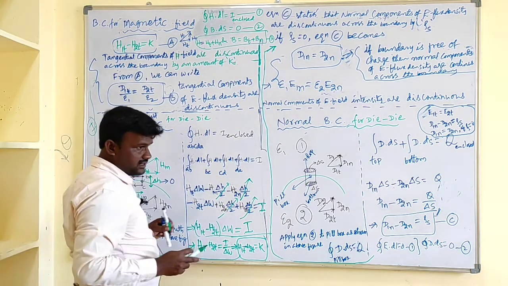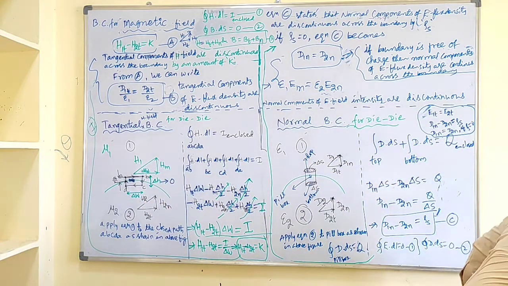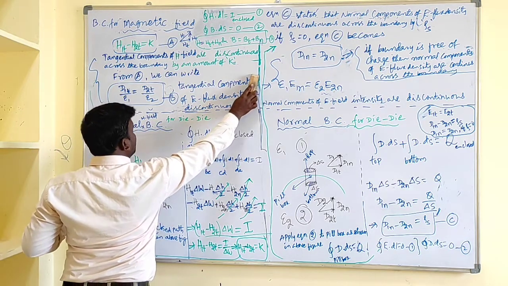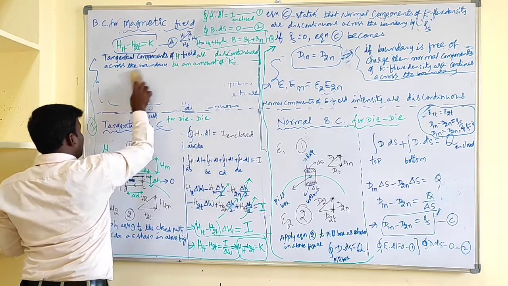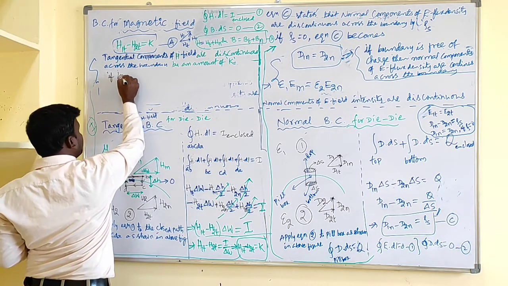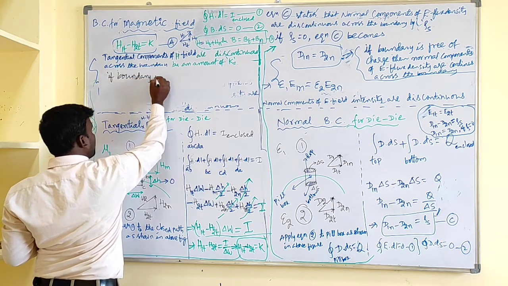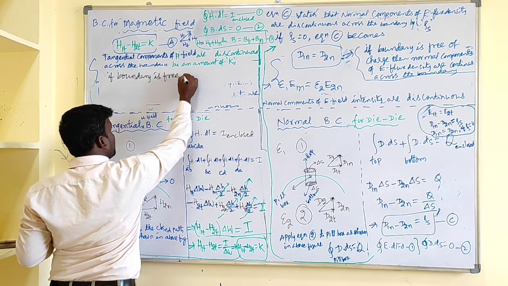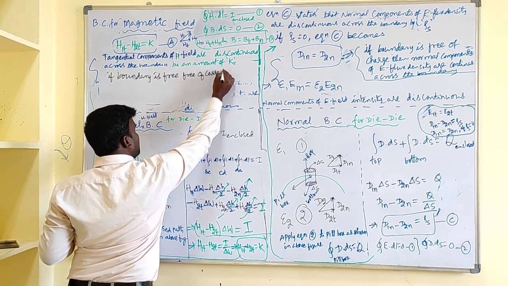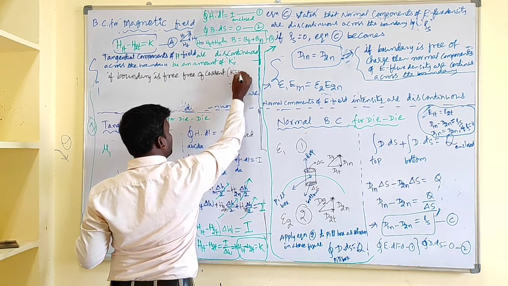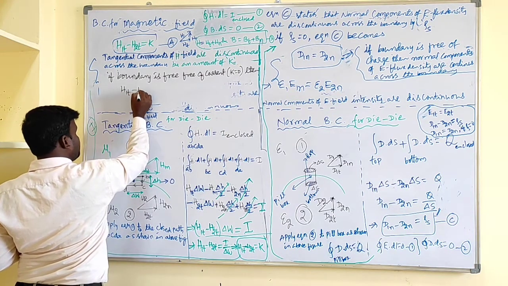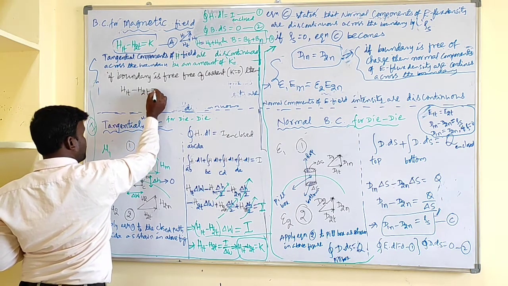So this is one special case, where H1t minus H2t equal to K. If the boundary is free of current, we can take a special case. If the boundary is free of current, that is K equal to 0, then H1t minus H2t equal to 0.